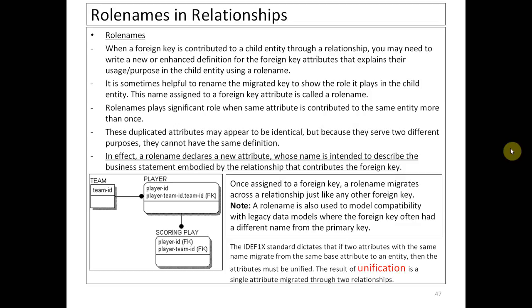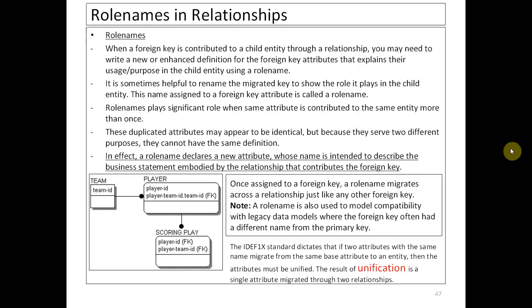So these duplicate attributes may appear to be identical, but because they serve two different purposes, they cannot have the same definition. In effect, a role name declares a new attribute whose name is intended to describe the business statement embodied by the relationship that contributes the foreign key.